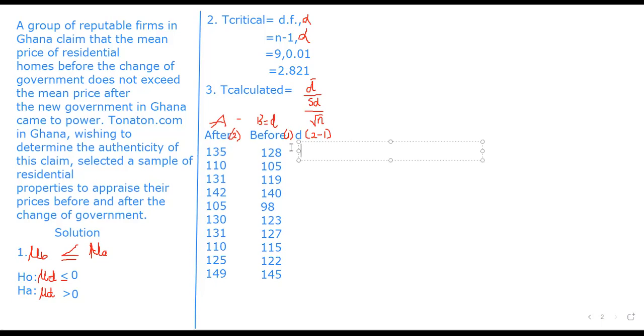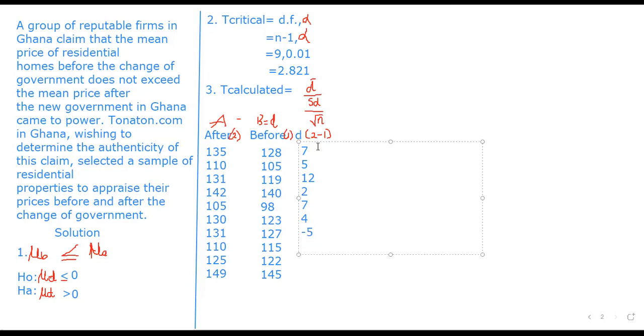So 135 minus 128 gives us 7. Then 110 minus 105 is 5. Then 12, 7, 4, negative 5.